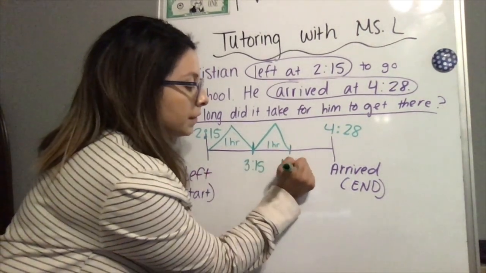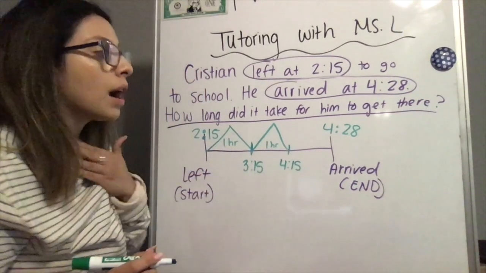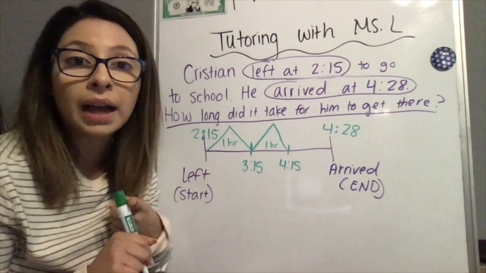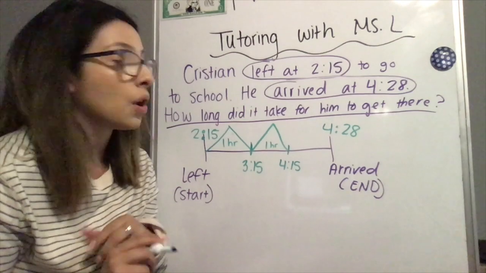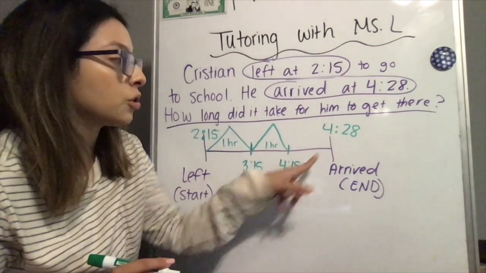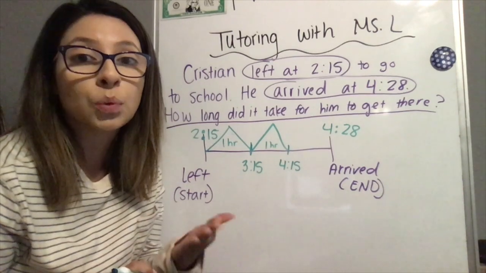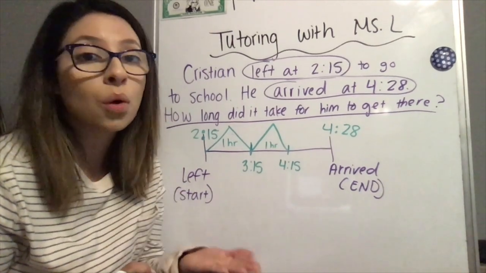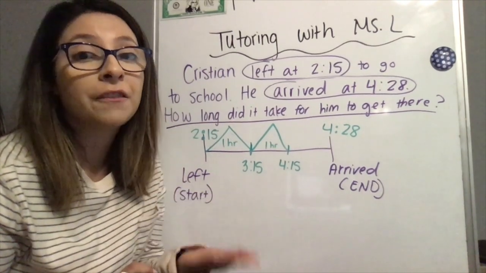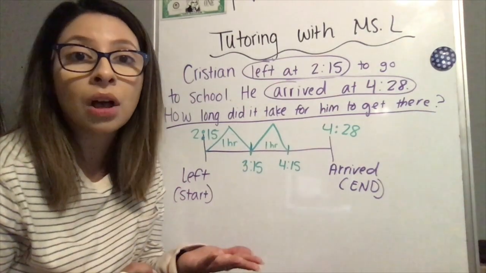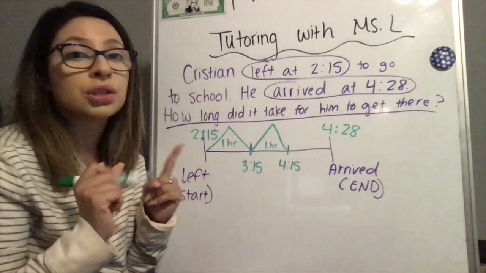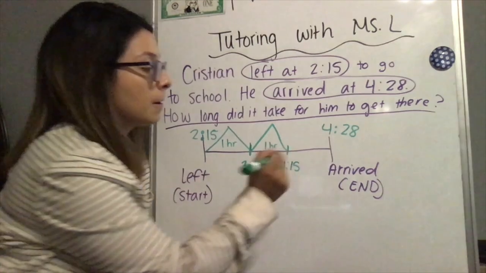So that's 4:15. Now here's where I would suggest counting by 5s and 10s. So from 15, you're trying to get to 28. If you count by 10, you're going to get to 25. That's totally doable. If you want to count by 5s, that would take a little bit longer, but you can do that. So I would start by counting by 10s and then 5s.